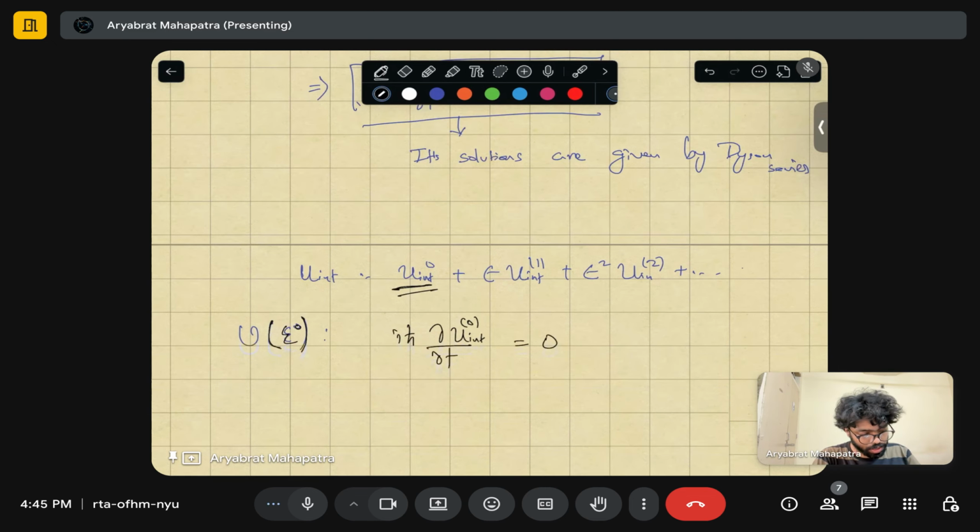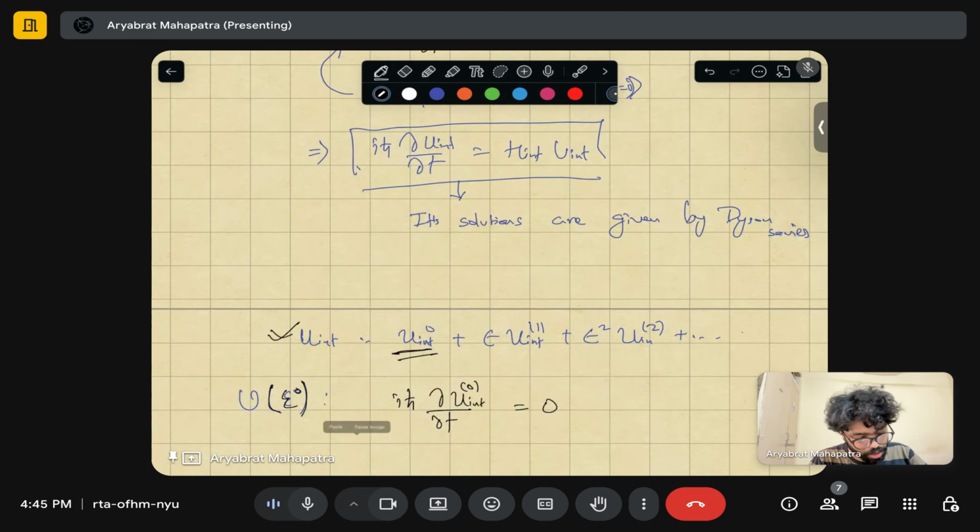So you just put this u int in this equation.